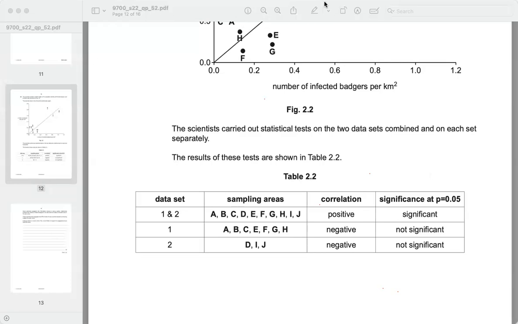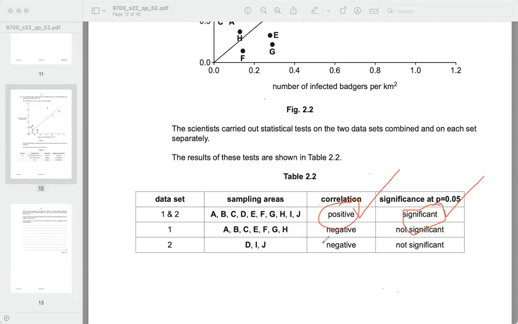Whenever you are answering a question based on the null hypothesis, please make sure you refer to the table. Two of your terms are right there: the combined data showing positive correlation, positive relation and significant correlation. So we can use these 2 points.